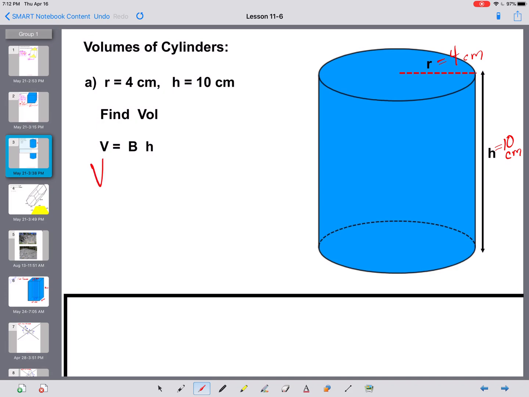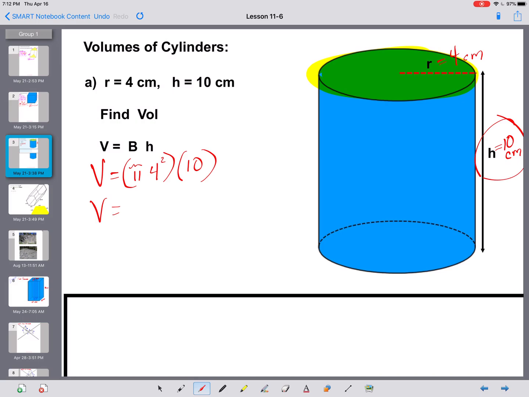Capital B is area of the base. What type of shape do you have for the base? Oh yeah, a circle. How do you get the area of the circle? Pi r squared. Pi times 4 squared. What's the height of the whole cylinder? It's 10 centimeters. Let's do it in 2 steps.